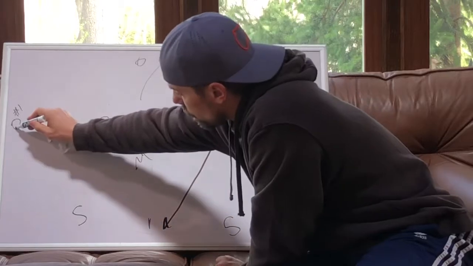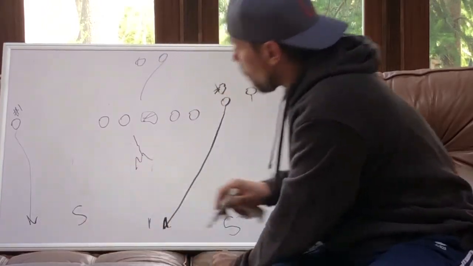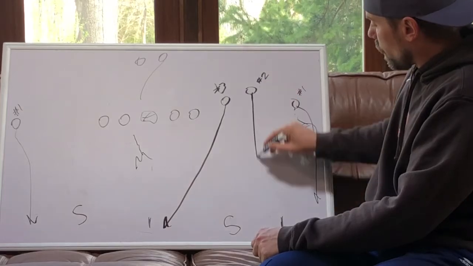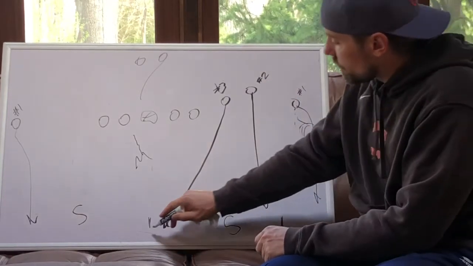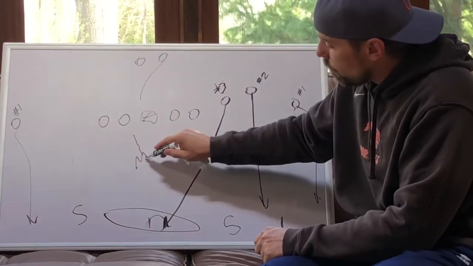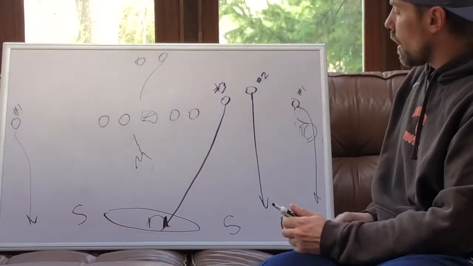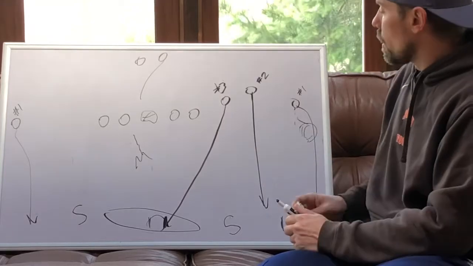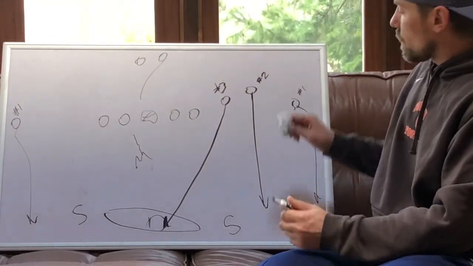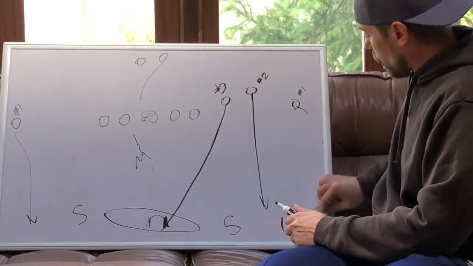On this guy here, try to get an outside release, try to get down the seams, and try to hit this guy between the safeties. There's another hole here between the safeties that Mike has to try to get back to and help with, but if you freeze him with run action, that gets more difficult. So that's cover 2.